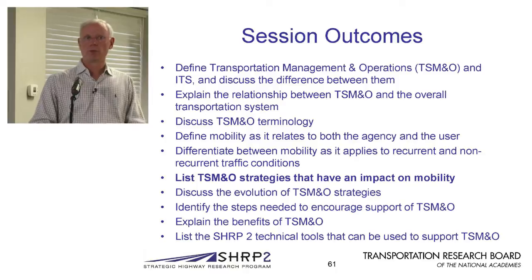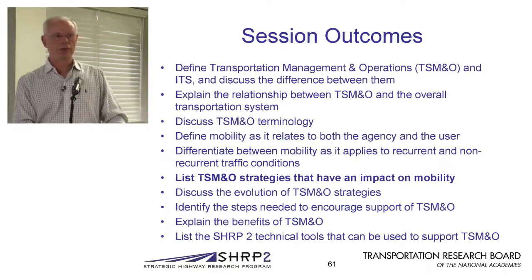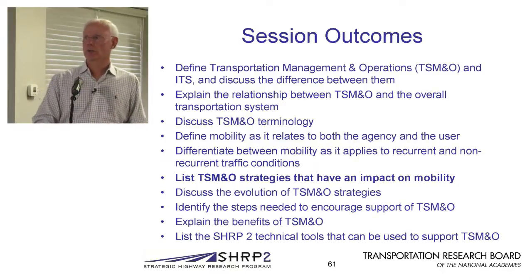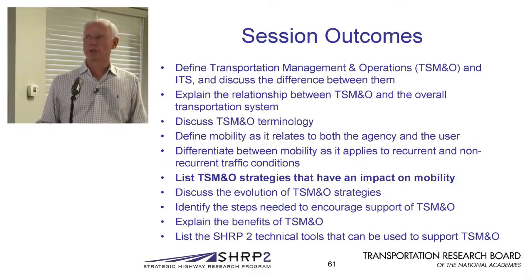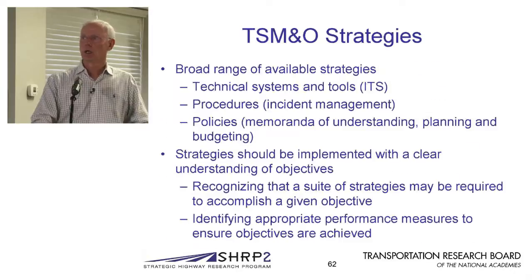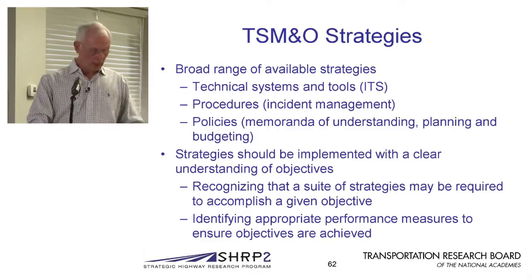So now that we've gone through all the various terminologies and things that we want to go through, let's get into the strategies a little bit and think about what are some of these TSM&O strategies that can help us achieve these performance objectives. I think we all know that there's a broad range of strategies available.